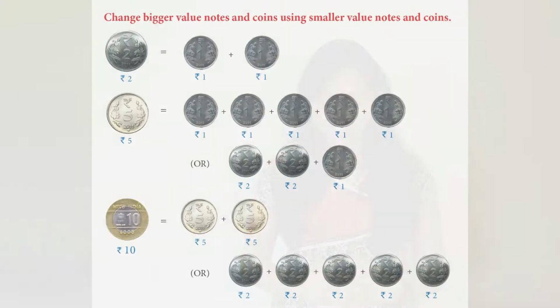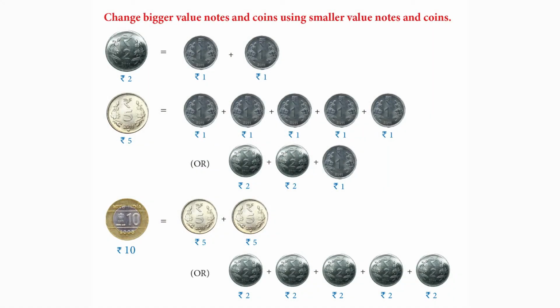Now, let's go into the next activity that is given. So here it's written that change bigger value notes and coins using smaller value notes and coins. Now, the first one that is given here is 2 rupees.